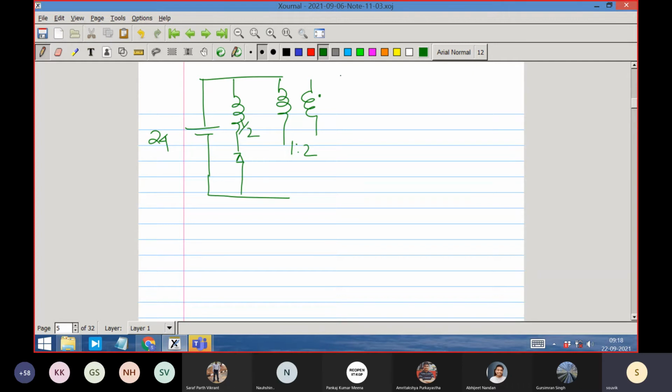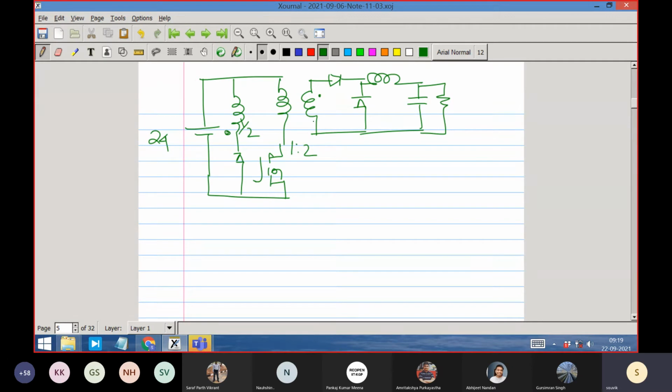Let us do that. This is a diode. This is another diode. This is an inductor. This is a capacitor. This is a resistance. This is 24 volt, and this is the MOSFET. The dot convention is here.